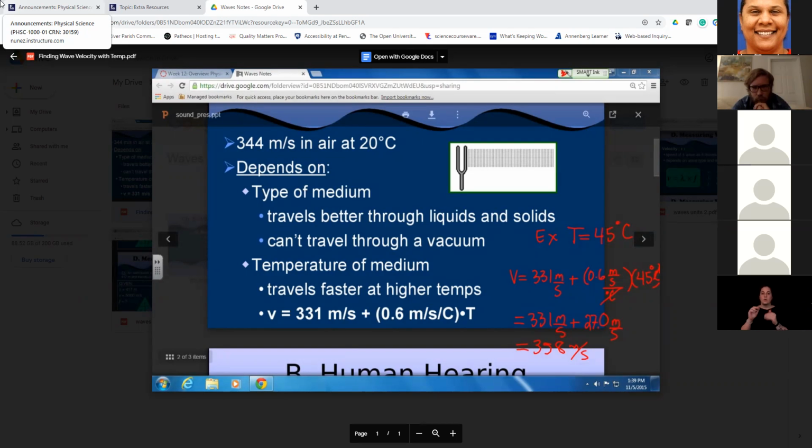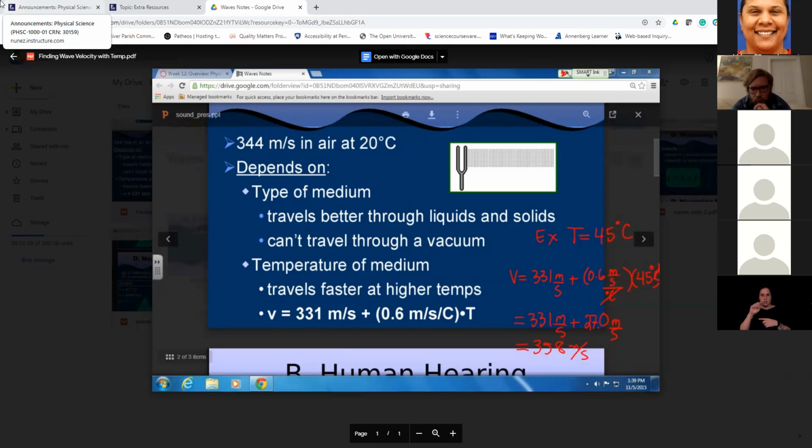So if the temperature outside is 45 degrees Celsius, then the sound is going to travel at 358 meters per second. So that's an example of how we can find the speed of sound due to its dependence on temperature. Okay. Any questions about that example?